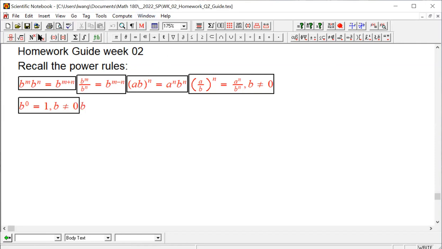And b to the power of negative n is equal to 1 over b raised to the power of n. I think there's another property, which is b raised to the power of m, and then raised to the power of n equals b to the power of m times n.